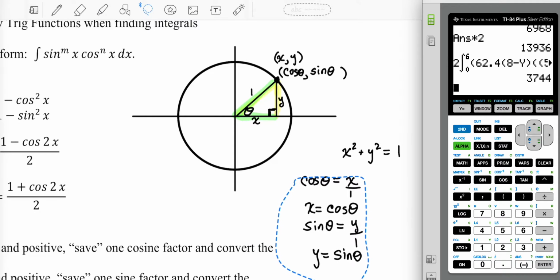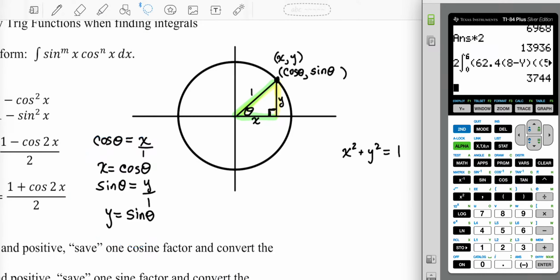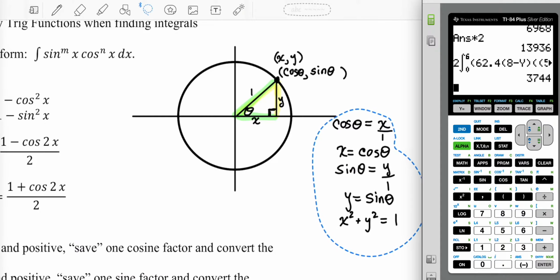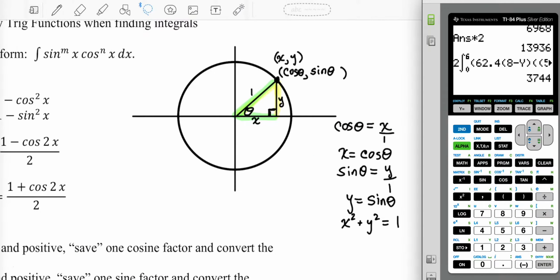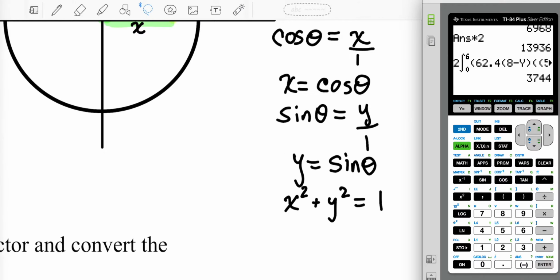All right, so using that Pythagorean identity, I'm just going to swap the order here a little bit. Knowing that x is equal to cosine of theta in the unit circle, I can replace the x with a cosine theta.